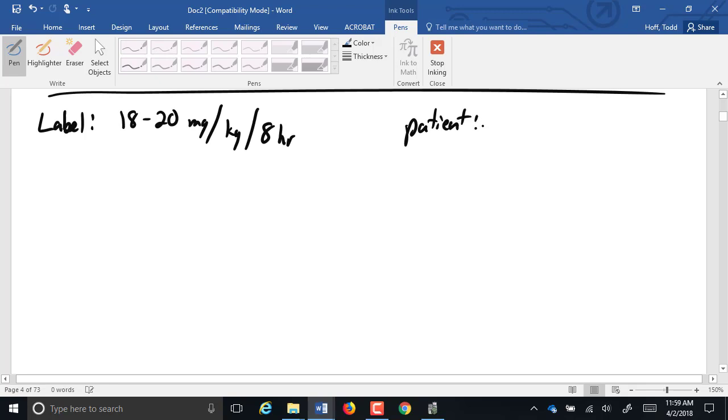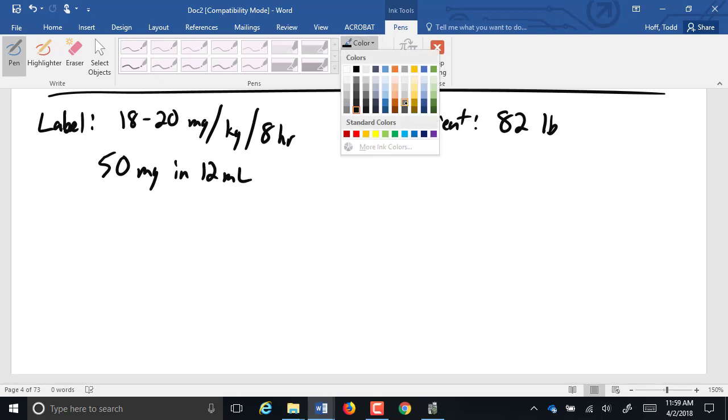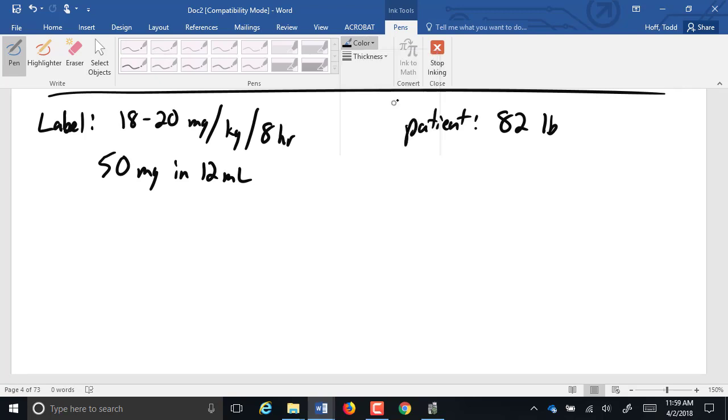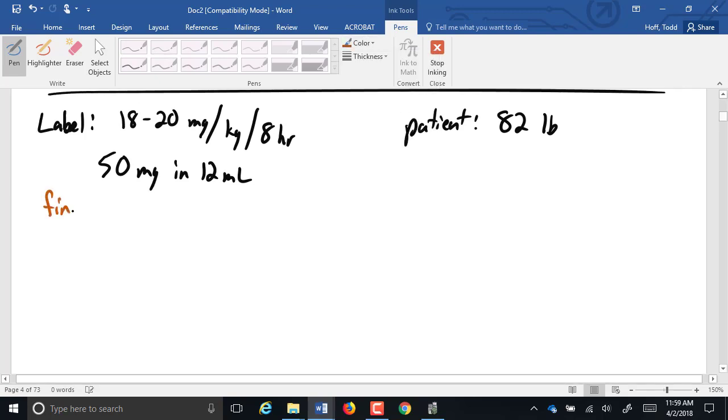You might have a patient that weighs 82 pounds. Additional information on our label might say that this is concentrated at 50 milligrams in 12 milliliters. So let's figure out what would be the safe range to administer to the patient.